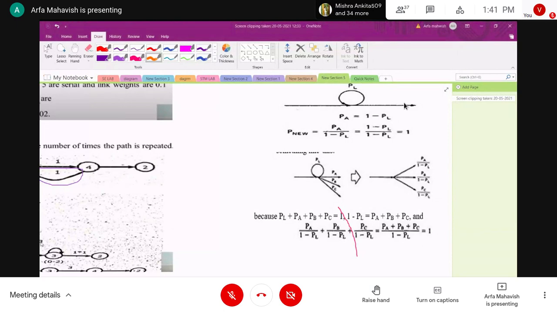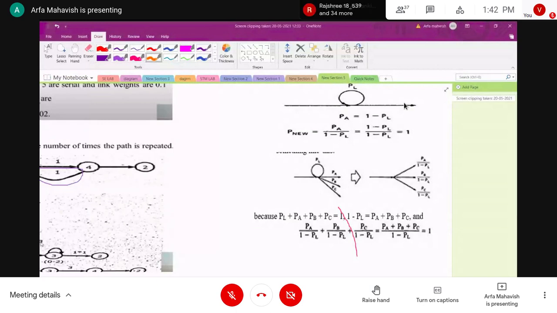Combining the parallel terms, removing the loops, and then the link. We are removing the parallel terms and loops in that graph. It will look like this diagram.